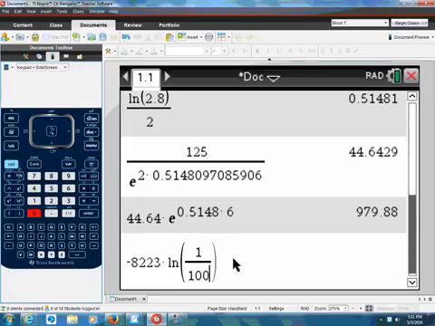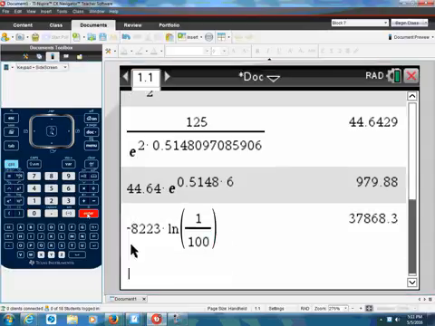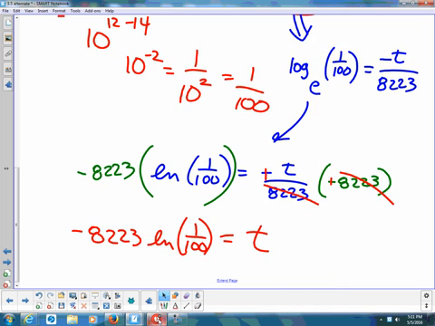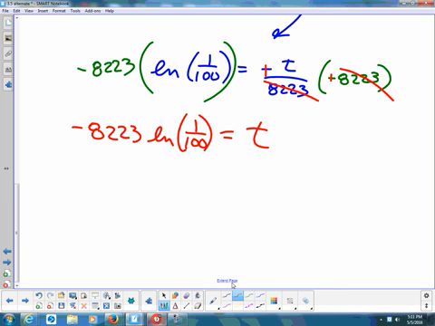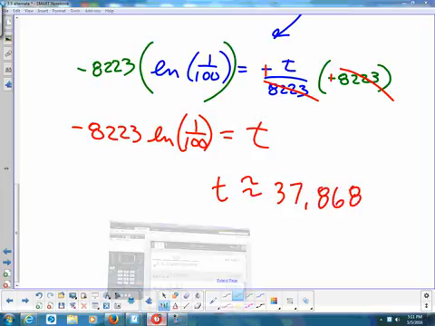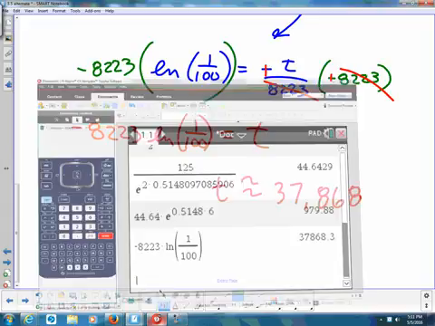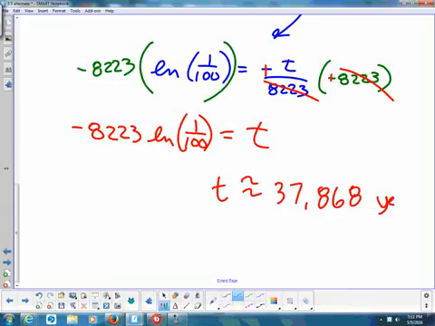So I think that's what it should look like, and I want to get a decimal approximation. So I'm getting 37,868 approximately. Right? Yep. Okay, so that would be the number of years old for this fossil.